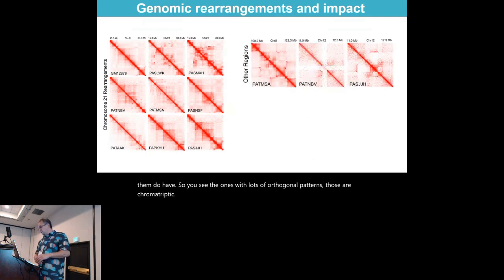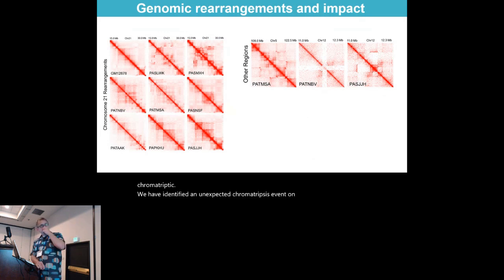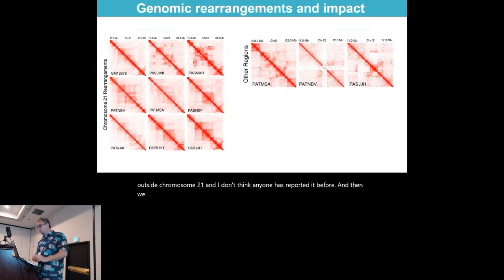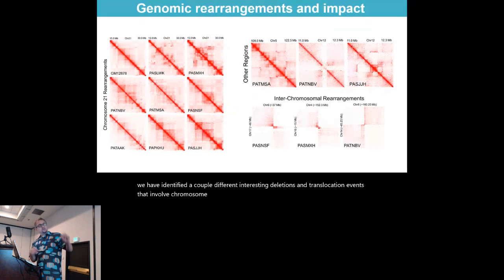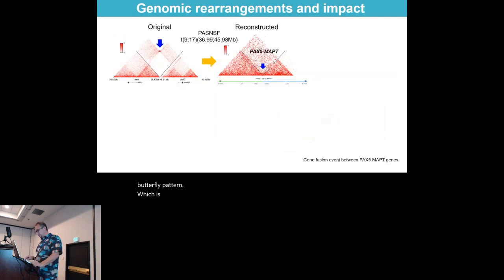The ones with lots of off-diagonal patterns are chromothriptic. We identified an unexpected chromothripsis event on chromosome 5, outside chromosome 21, and I don't think anyone has reported it before. We also identified a couple of interesting deletions and translocation events that involve chromosome 12. When there is an interchromosomal translocation, you see this butterfly pattern, which is distinctive and easy to identify.